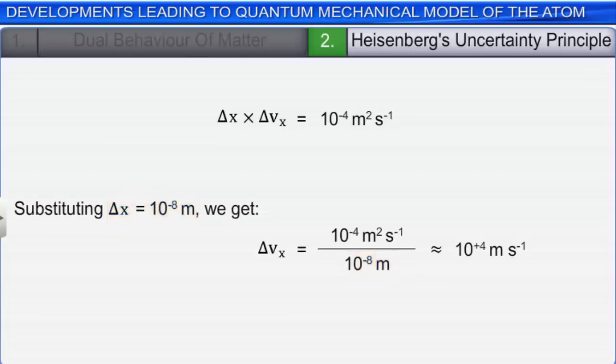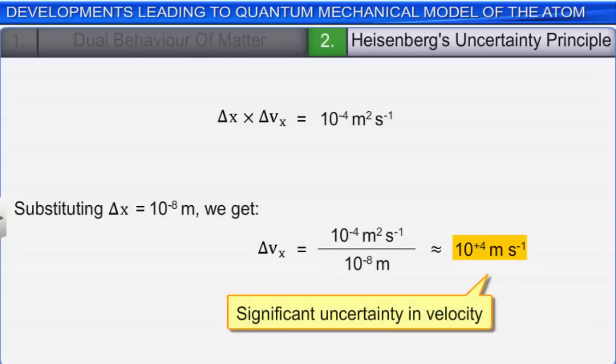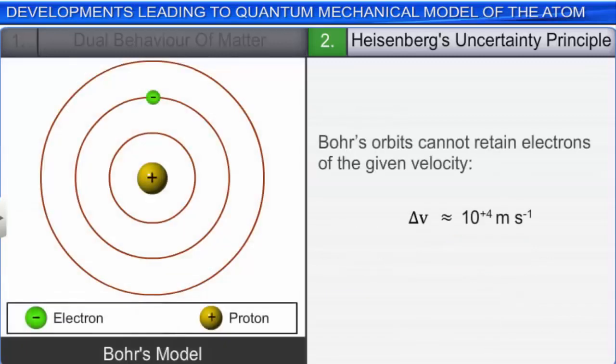This means that if one tries to find the exact location of the electron to an uncertainty of only 10 to the power minus 8 meters, the uncertainty in velocity becomes positive and enormously significant. This value of uncertainty in velocity is so big that the classical picture of electrons moving in Bohr's orbits becomes unrealistic.